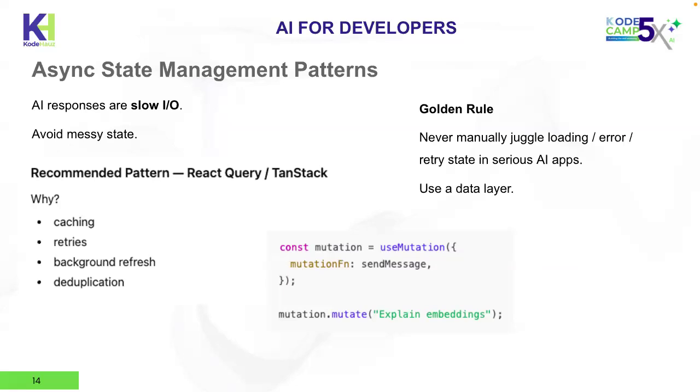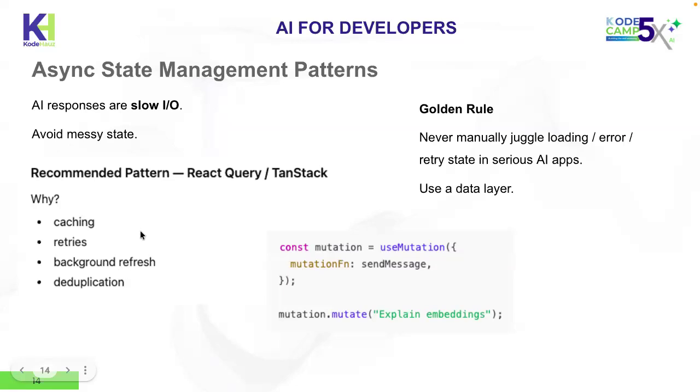The other things you can do to help deal with that issue are caching and retries, right? Then background refresh and deduplication. Because it is slow, people may refresh, people may make the same request twice. You need to ensure that you deduplicate. Deduplication is removing stuff that are duplicates, okay?